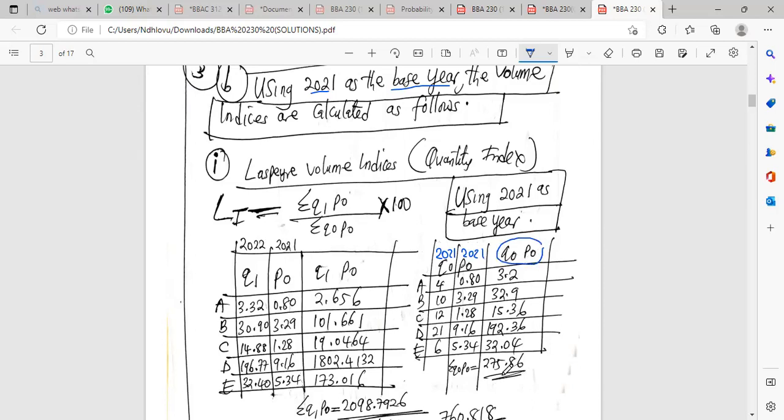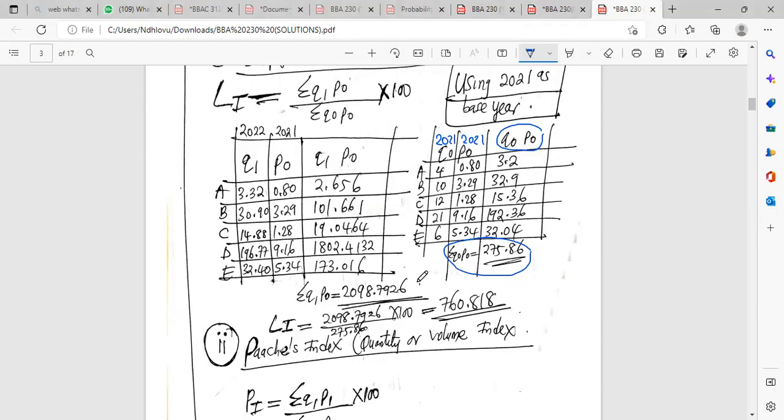All right, so 2021. Then we are finding the product here. What are we getting? 275.86. All right, this is only getting the value as we are getting down to the last price index. So meaning the total of these is giving us 275.86.